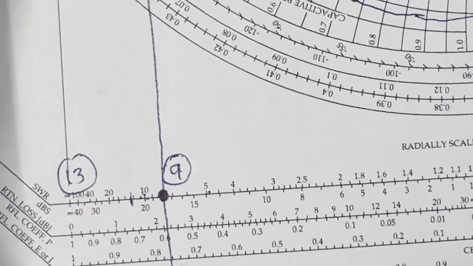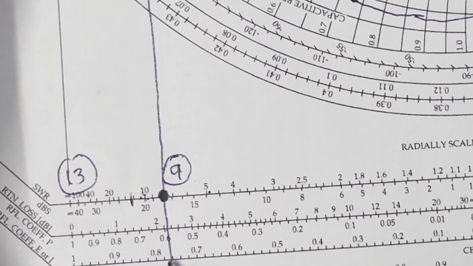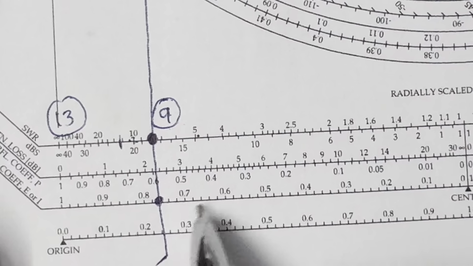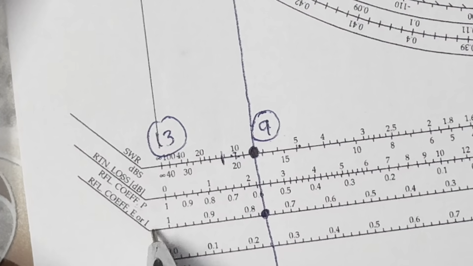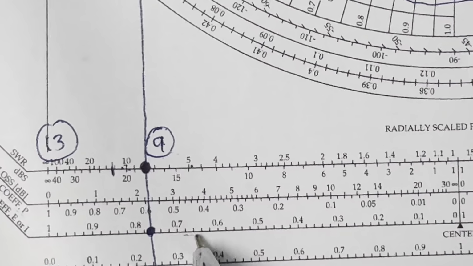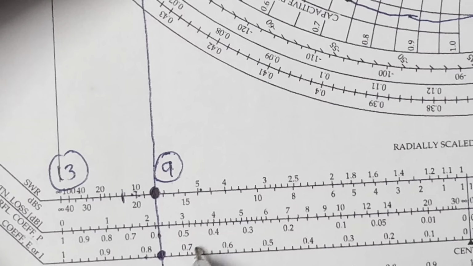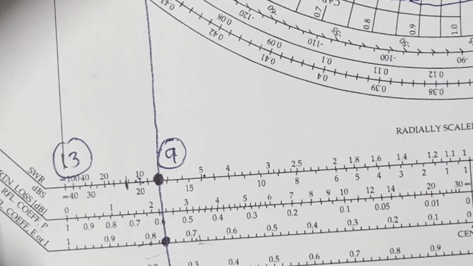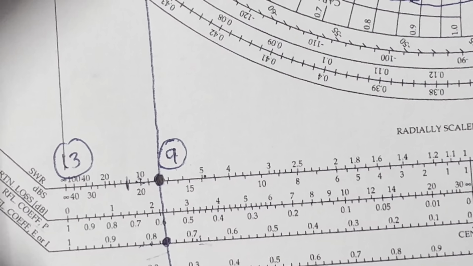And at the same time, look here, the K value is here. In between, the reflection coefficient value is between 0.7 and 0.8. That means it is 0.78. It is the K value.